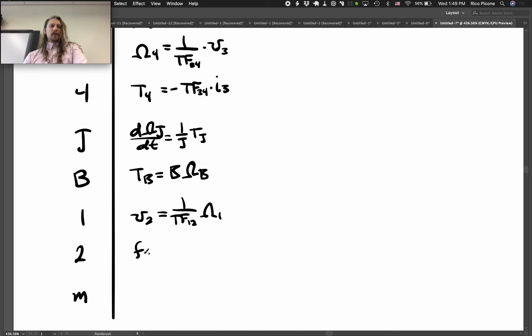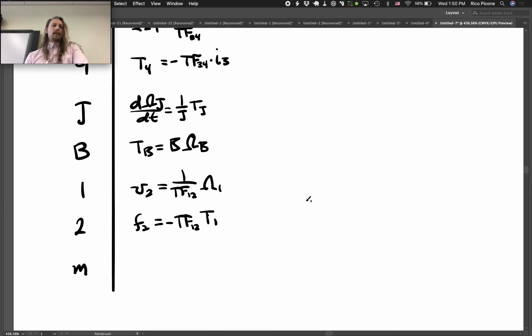And we have F2 equals negative TF 1/2 times the torque on the one side. Finally, we have the velocity of the mass differentiated in time equaling 1 over m times FM.